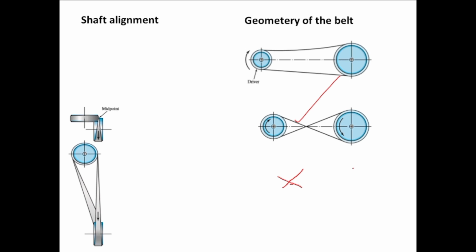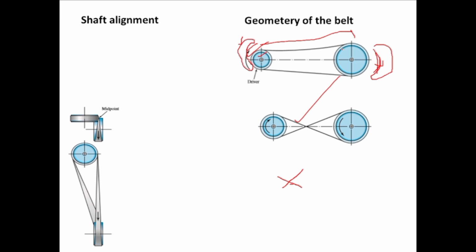And another important thing is that if you see over here, let's say this is the belt that is wrapped through this pulley. This is one face, this is another face of this belt. As it moves to this point, this face and this face is the same, so there is only one face that is in contact with the pulley.